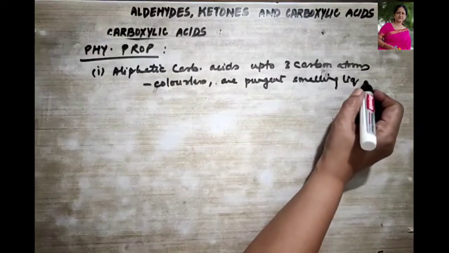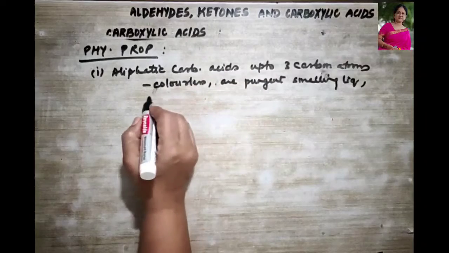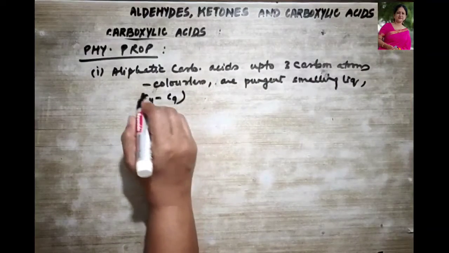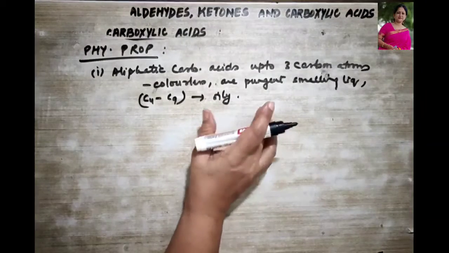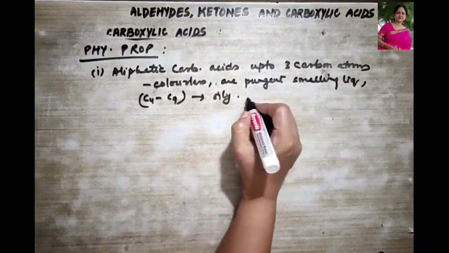Then the next 6 members, that is C4 to C9, are oily liquids at room temperature, and they have an unpleasant odor.